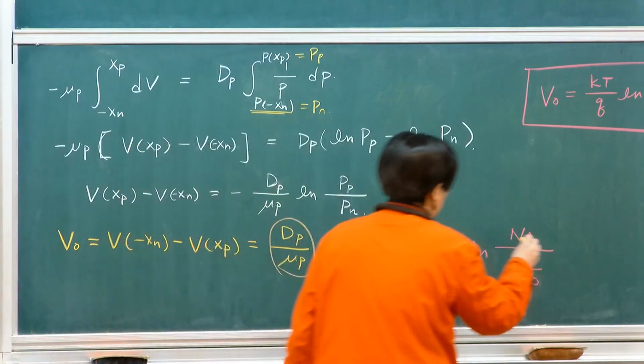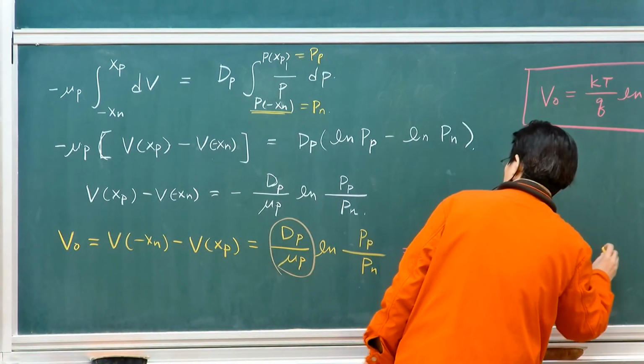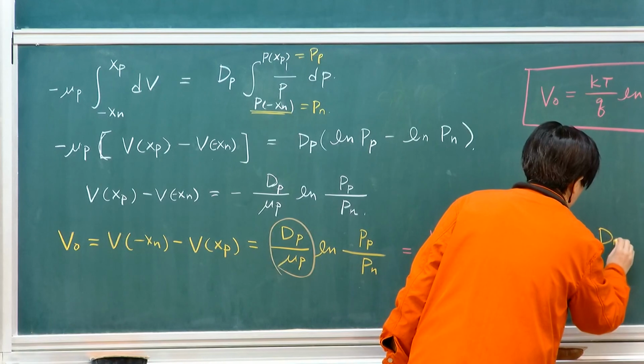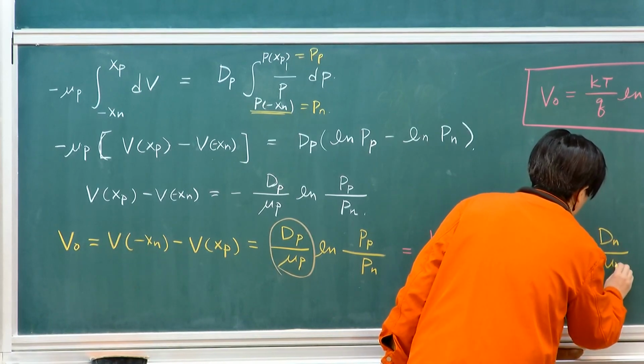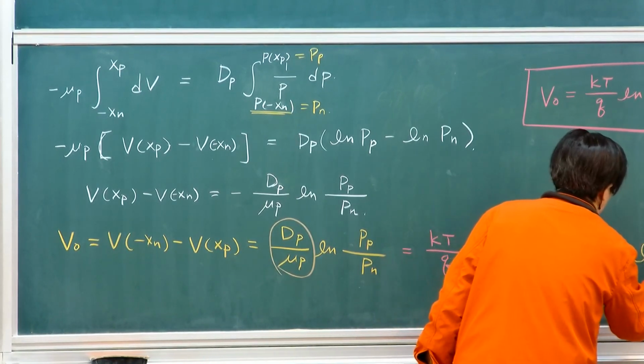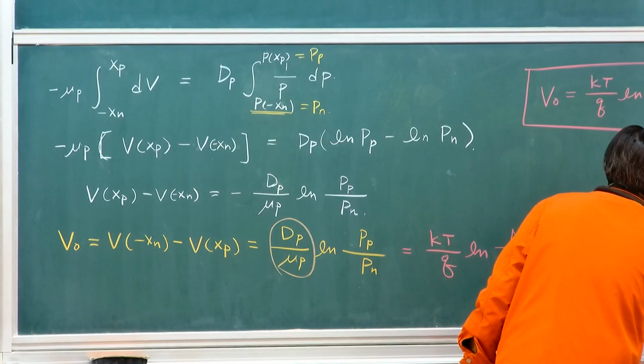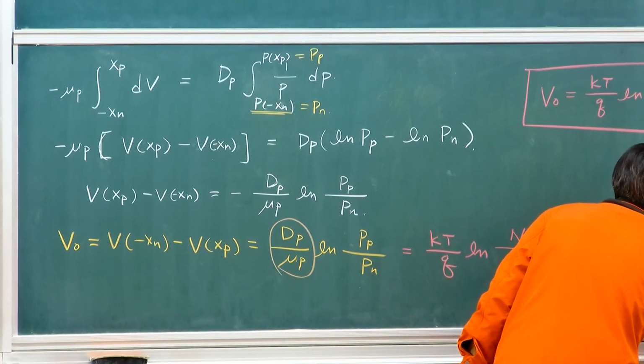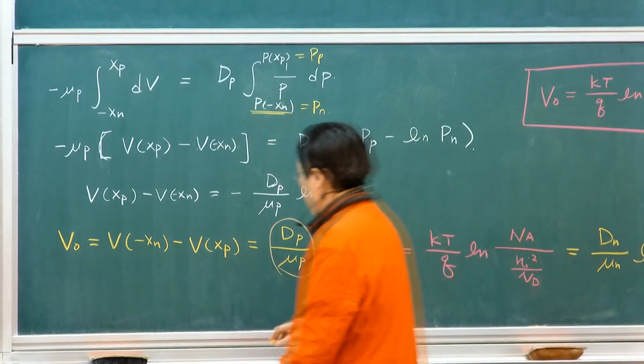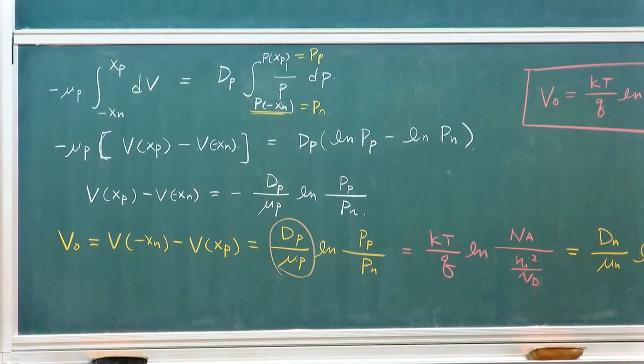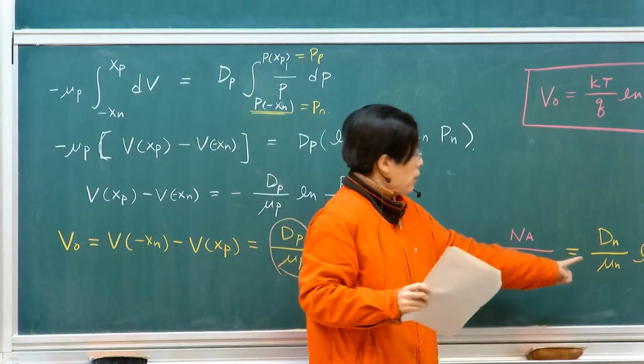This will be also true if you do the same derivation by using the N. You actually get something. This will be equals to Dn mu n ln nn np. I will explain why I'm writing that down. If you do it with N type, you actually come from the other side.